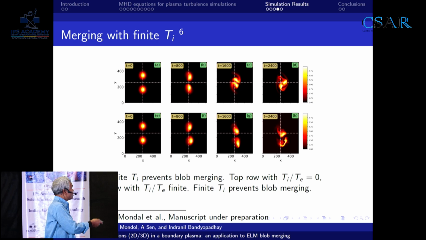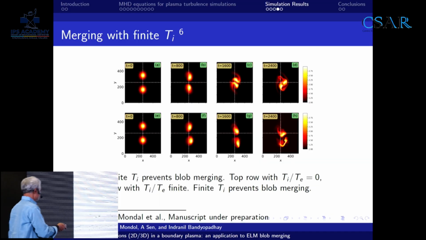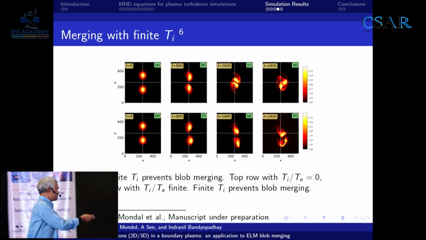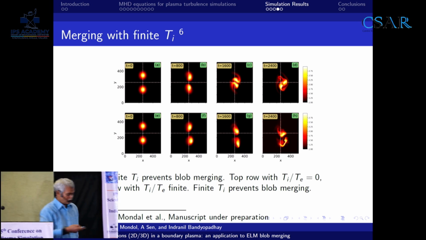So this tau I put somewhere. Okay, this tau is not there. Okay, tau means Ti by Te. Coherency is maintained for a longer time.